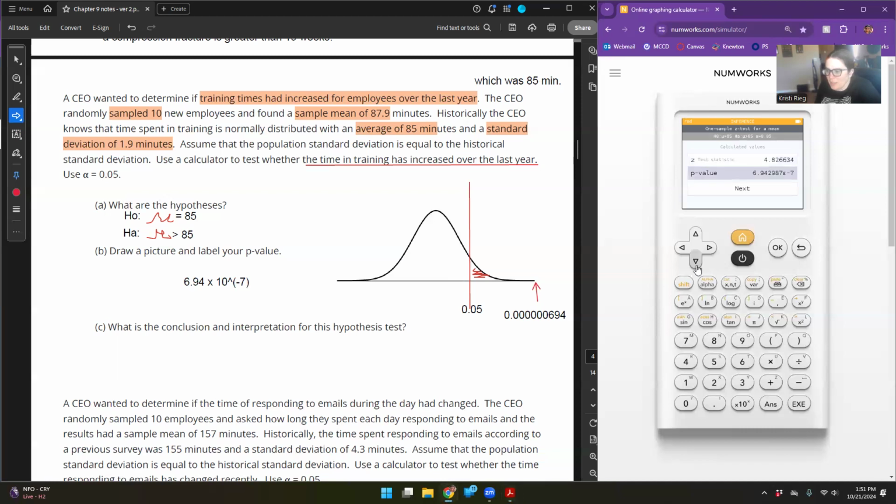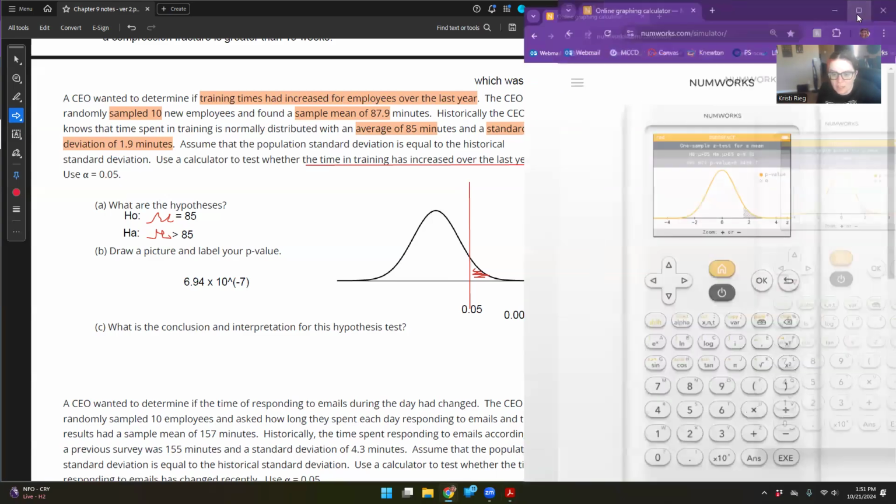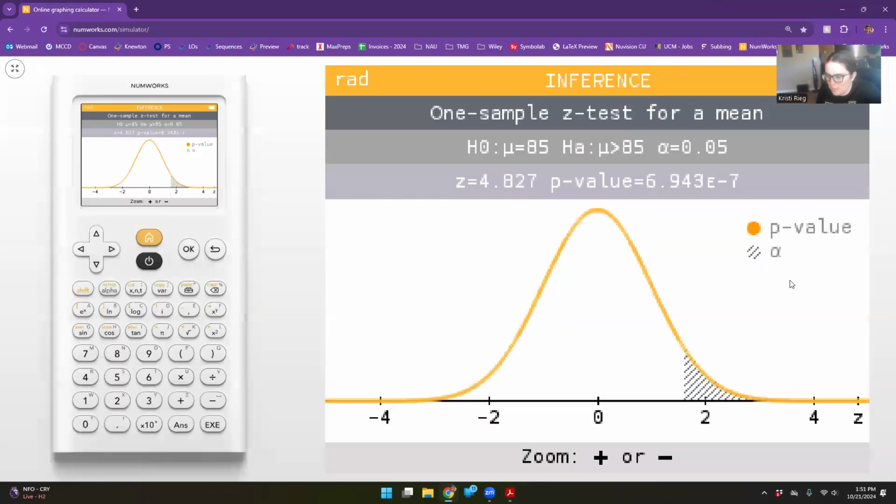Okay, so let's see what that looks like on the calculator. And this is a really hard one to start with because it's so far away, but let's just see if we can get this shown up a little easier. So remember, P was all those zeros. Well, let's just look at Z for a minute. Z is 4.8. So here's 4, so here's 4.8. See where the Z is? That Z mark is the same.